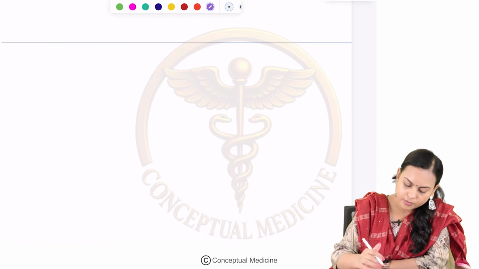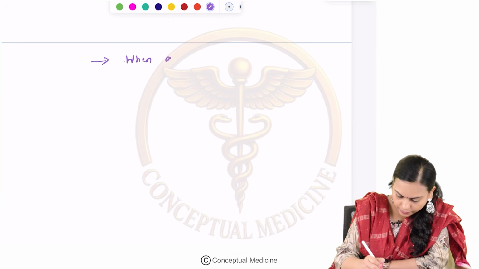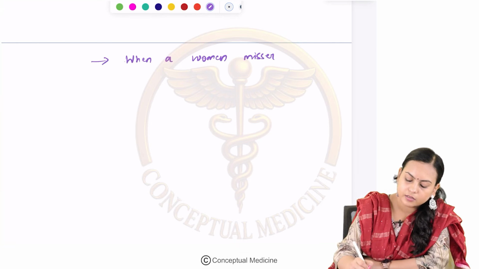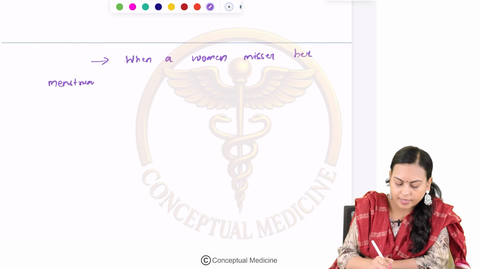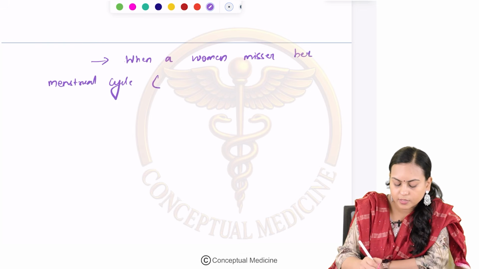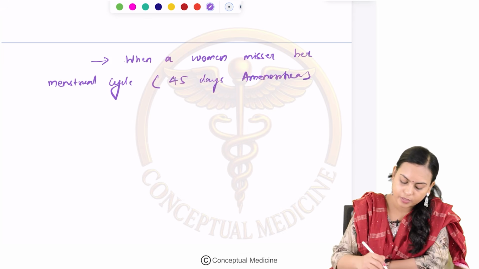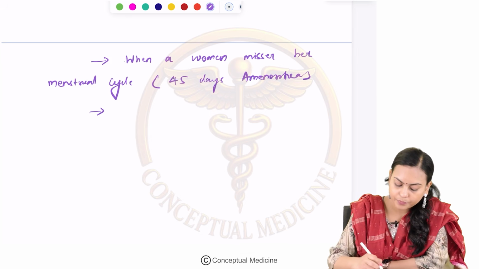Okay. Mostly these tests are done when a woman misses her menstrual cycle. So, mostly at 45 days of amenorrhea, the woman will come for a urine pregnancy test, or she herself will do a urine pregnancy test.